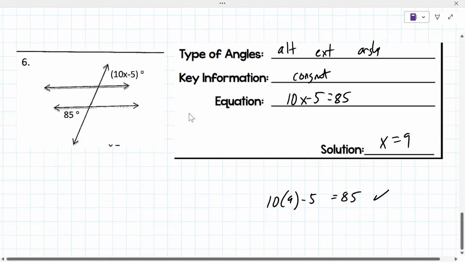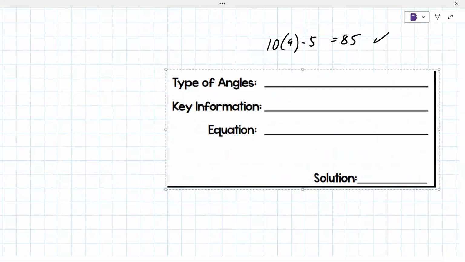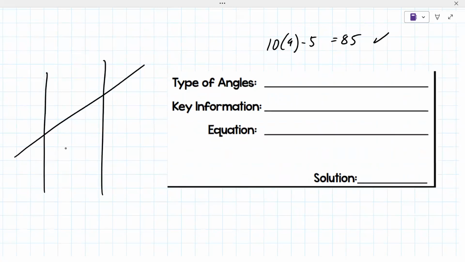All right. So the next classification that you might see, and I have to draw this one, is, oh boy, I didn't draw this very well.